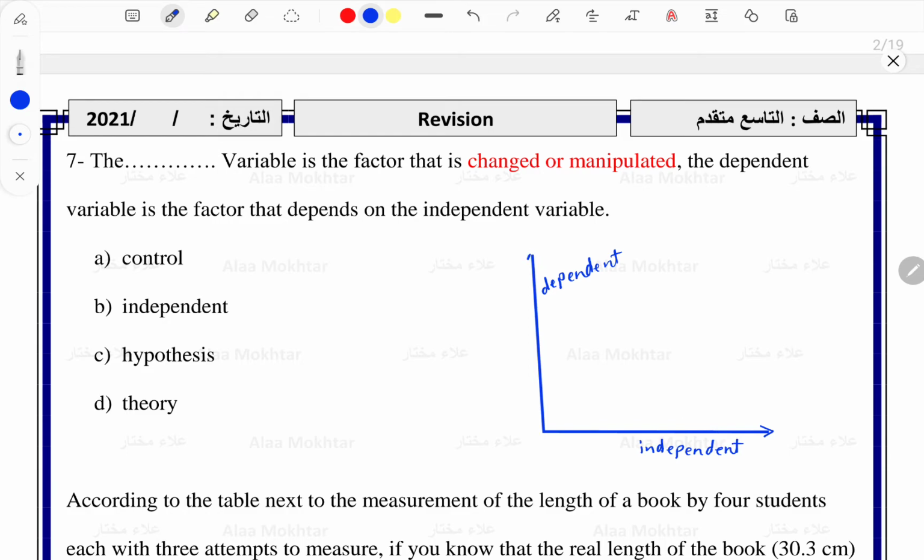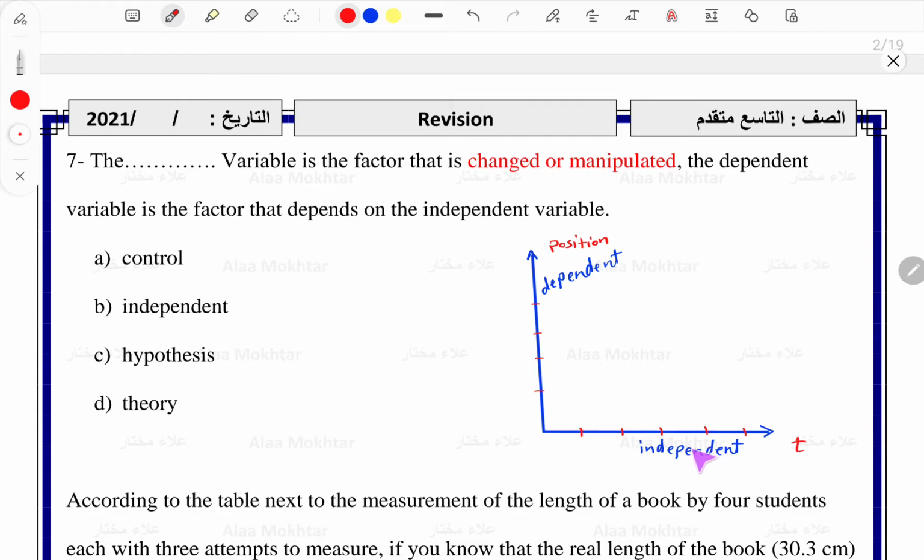Independent variable, we can change it by ourselves. We can change it, we can increase it. Like time, we can measure position for something moving during the time.